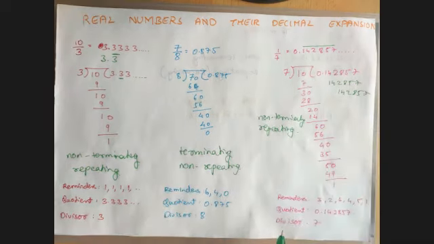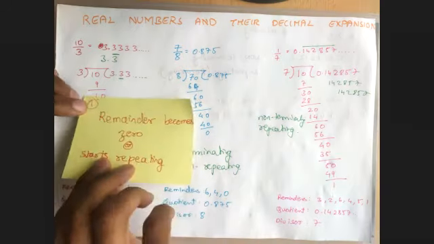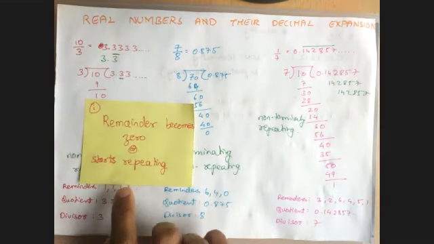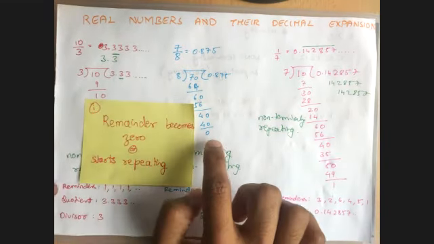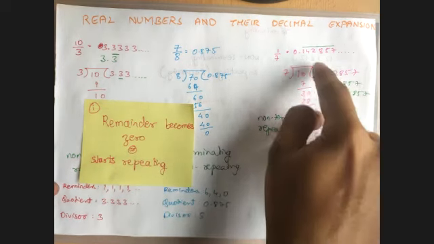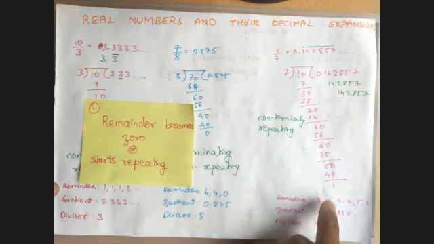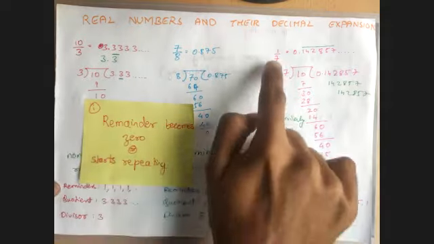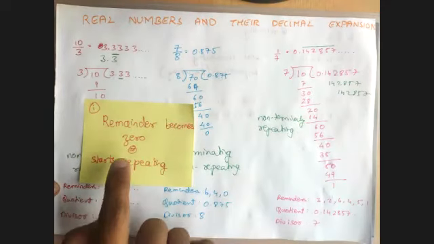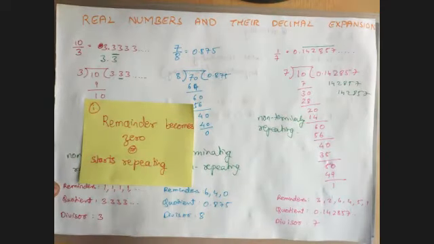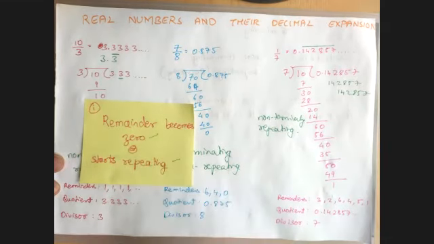Okay, so by looking at this, what can I conclude? I can conclude that the remainder becomes 0 in one case, or it repeats in the other case. When we take a fraction and divide it, the remainder goes to 0 or starts repeating.